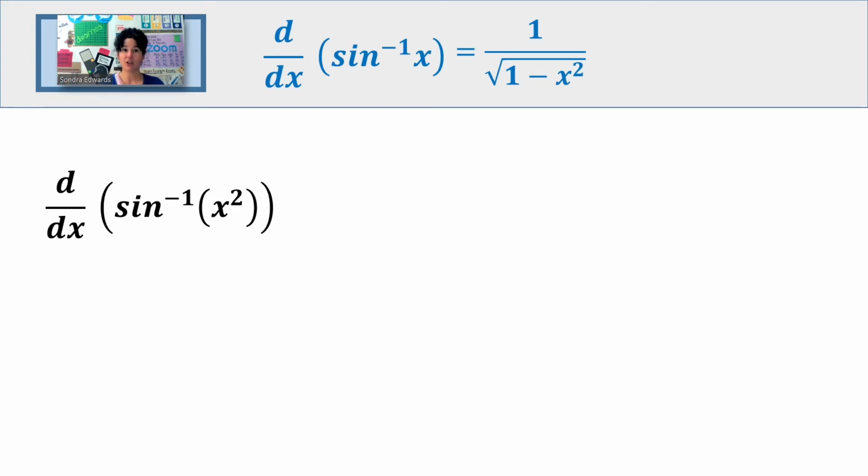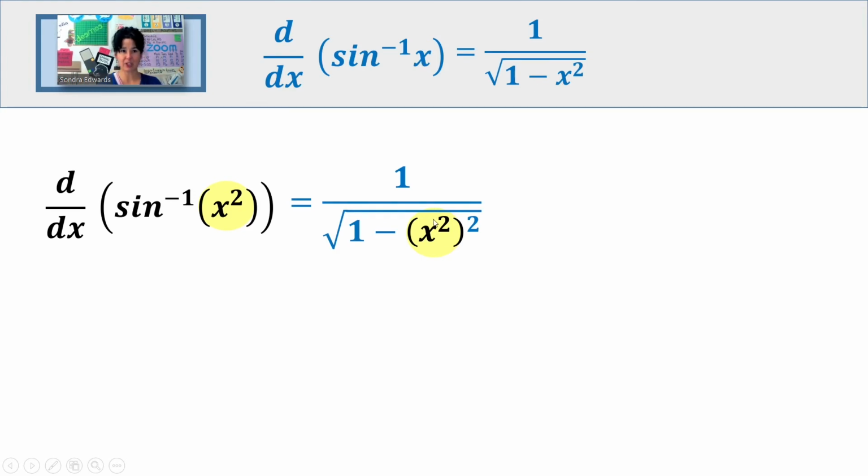Before we find the derivative of sine inverse, though, we need to know this memorized formula here of the derivative of sine inverse of x. Every place we see an x, right there, that x is going to go right here in our function. Okay, so this x is that x squared.